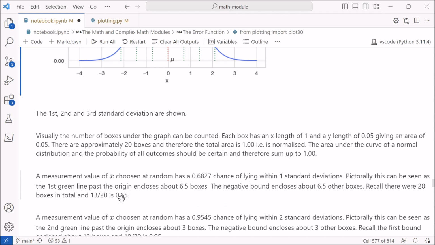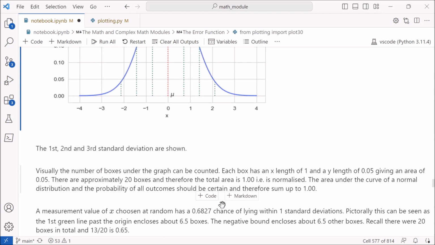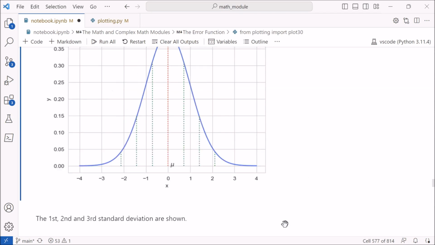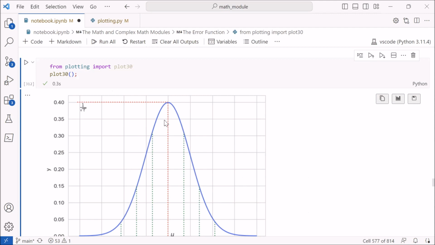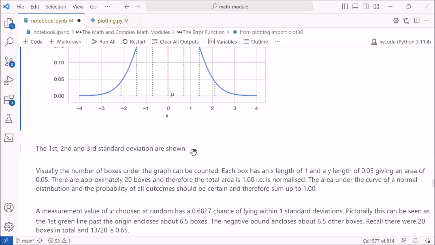So if we just take this as being 6.5 plus 6.5 divided by 20, that is 0.65. Actually, it's slightly larger, and you've basically got 68.3% chance of a value lying within one standard deviation.